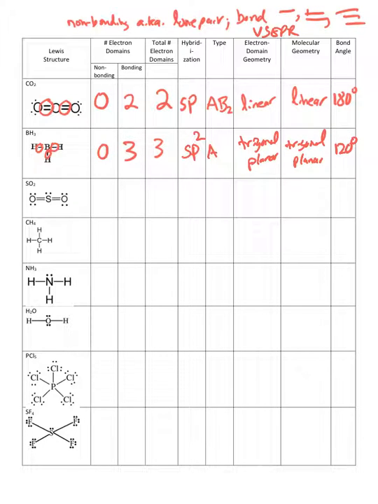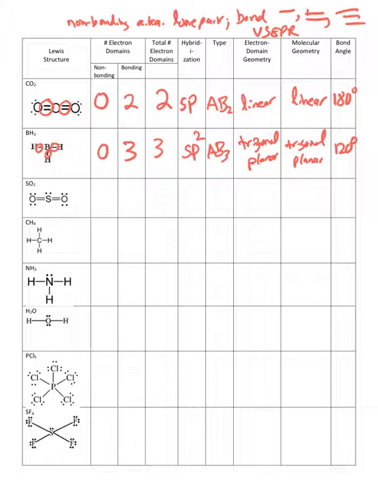And this type of molecule we could classify as AB3, a central atom with 3 atoms around it. Even though the Lewis structure shows bond angles of 90 degrees, the Lewis structure does not have to exactly show what the bond angles are. And so don't let that throw you.